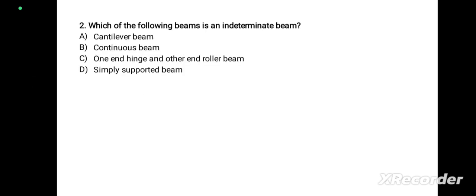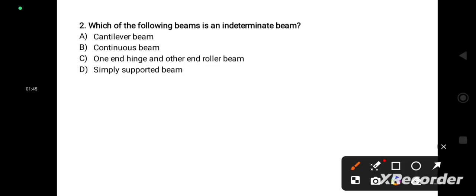First of all, we will see what determinate beams and indeterminate beams are. Determinate beams are those where the degree of indeterminacy is 0.